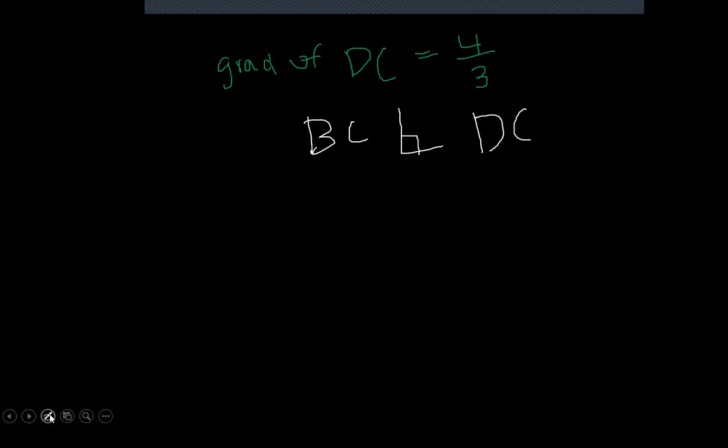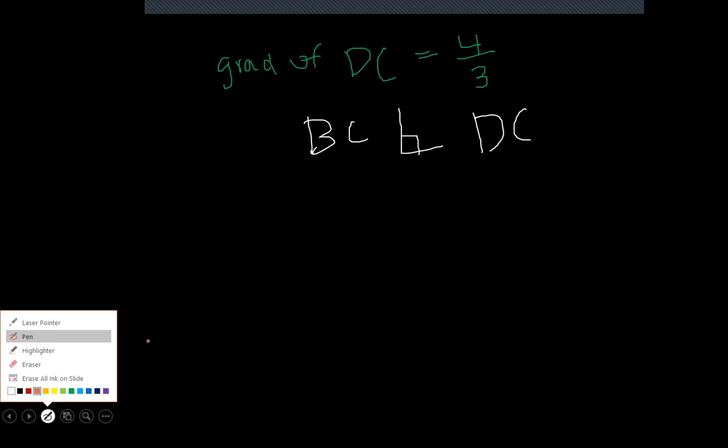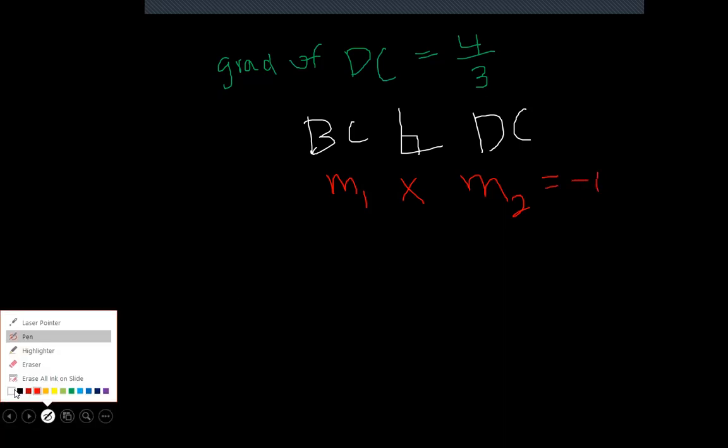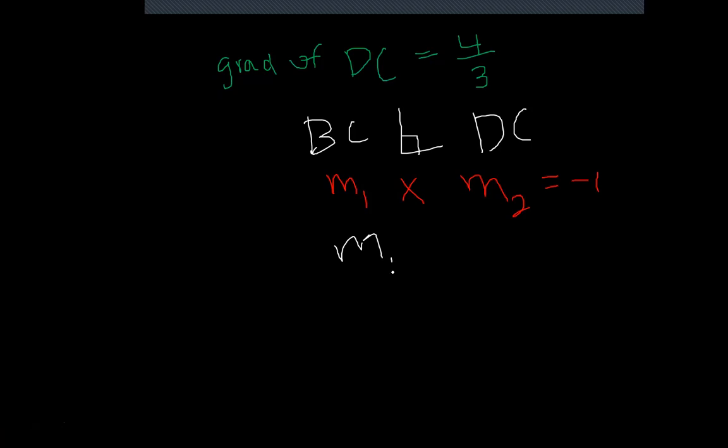So what does that mean? The gradient of this line times the gradient of this line would be equal to -1. We're trying to find M1, but we already know M2, the gradient of DC, is 4/3. So all we have to do now is find M1, the gradient of BC.